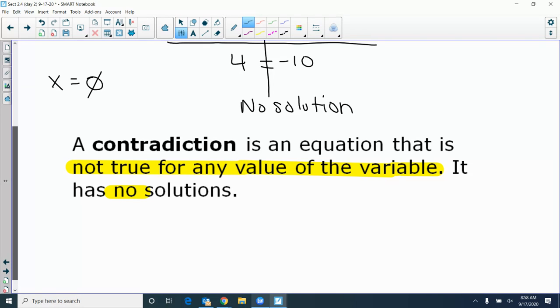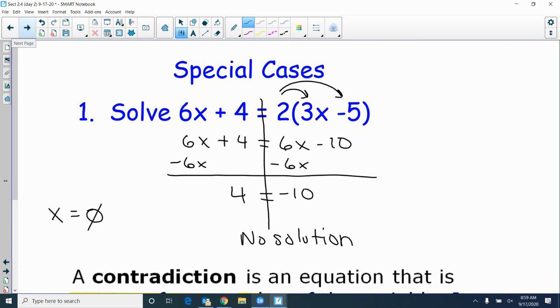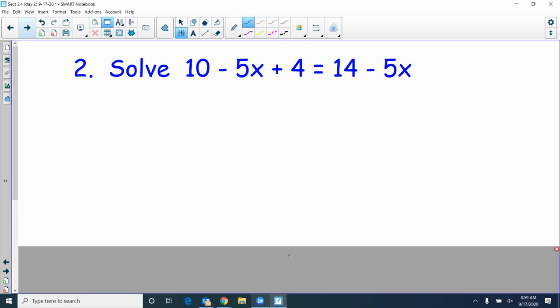Now take a look at this next one. Fill in the right-hand side. 10 minus 5x plus 4 equals 14 minus 5x. Okay, solve it the same way. Get rid of parentheses. Well, there's no parentheses. Combine like terms. What are my like terms on that left-hand side?